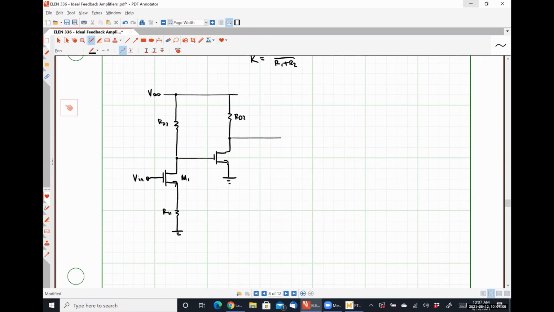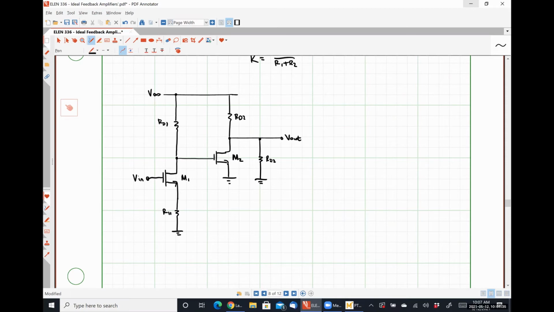So this is where R11 goes. I'm going to connect my loading resistance R22 to the output, which is the drain of transistor M2. And this is my open loop circuit. Everybody okay with where I've placed my loading resistances based on the mechanisms that we've established?